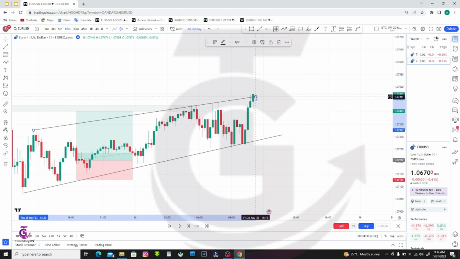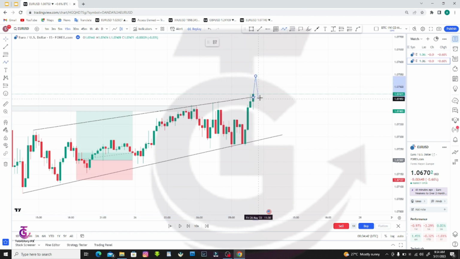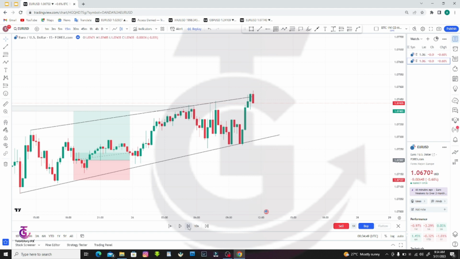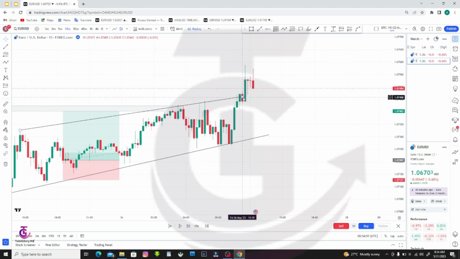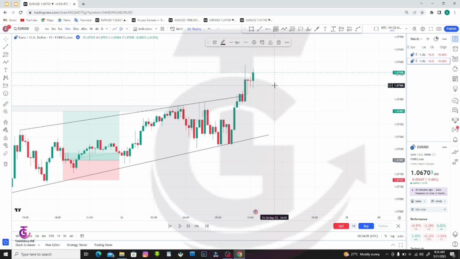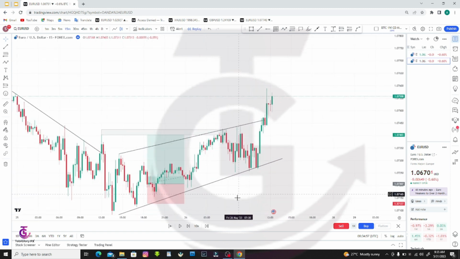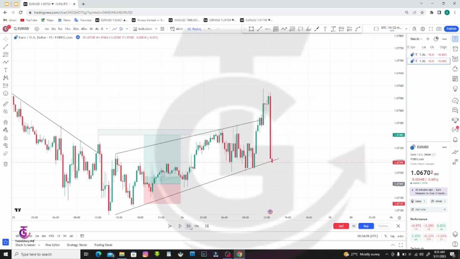Now if we have a break to the upside, if price break above this, we need a retest to continue the buy. Let's wait. Now we have a break. We need a retest for a buy continuation.